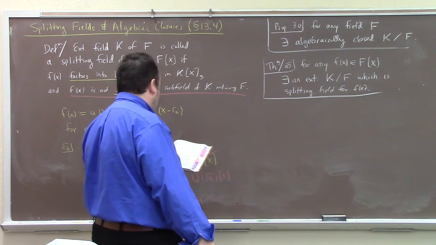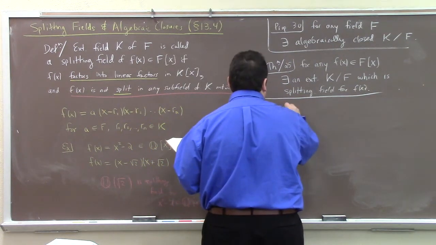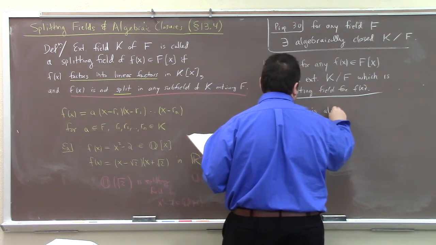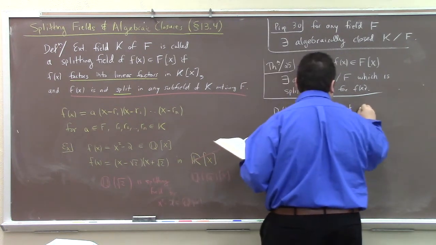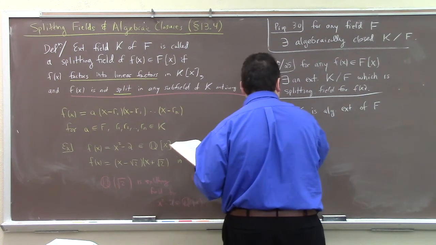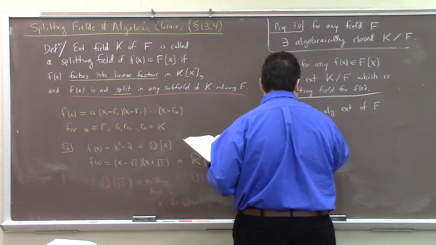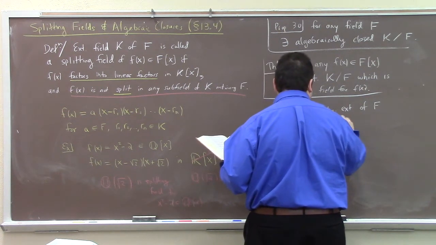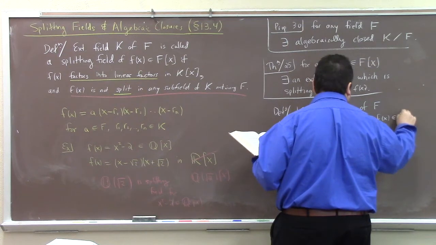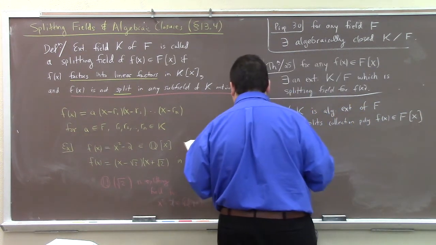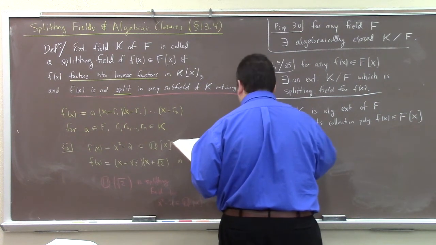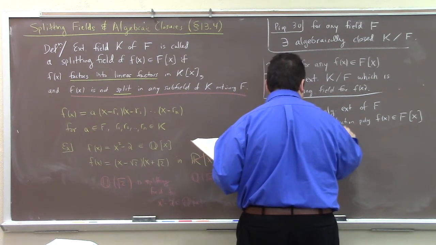So, definition. If K is an algebraic extension of F which is a splitting field over F for a collection of polynomials f of x in F, then K is called a normal extension.